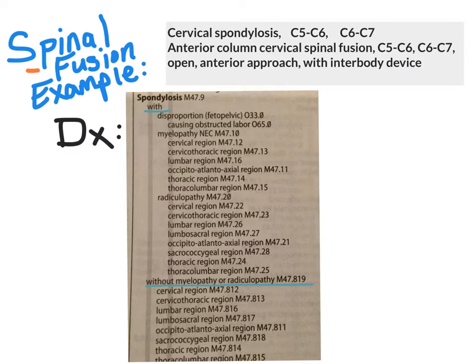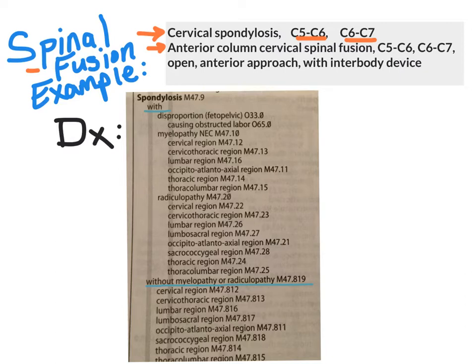Here we have cervical spondylosis, C5-C6, C6-C7. Then our procedure, anterior column cervical spinal fusion, C5-C6, C6-C7, open anterior approach with interbody device.